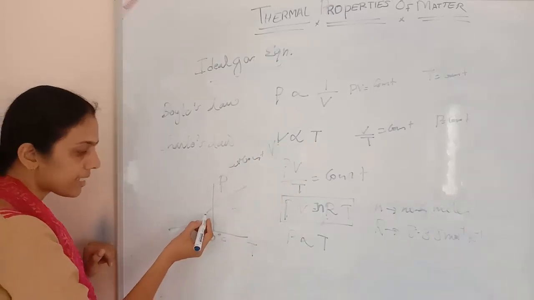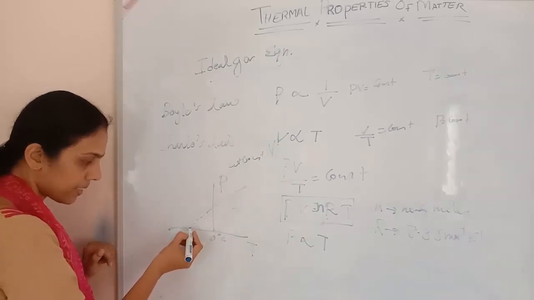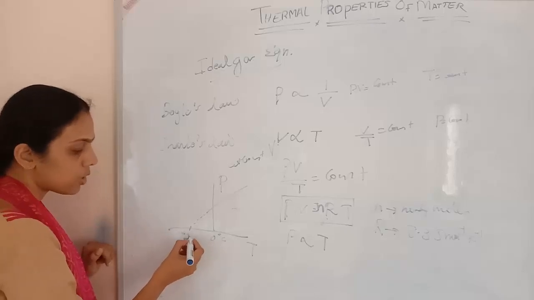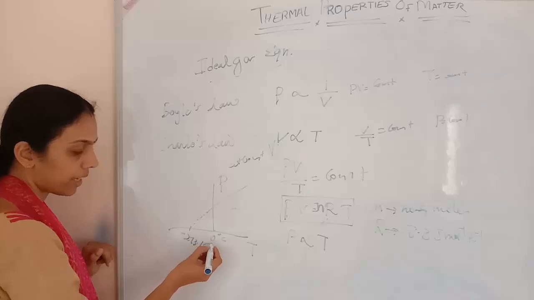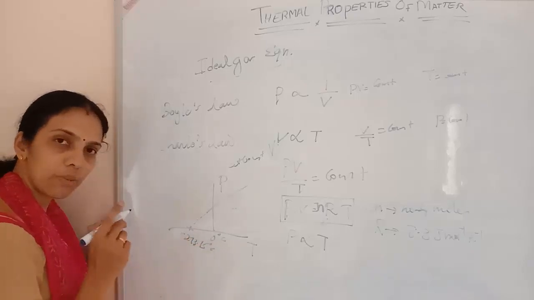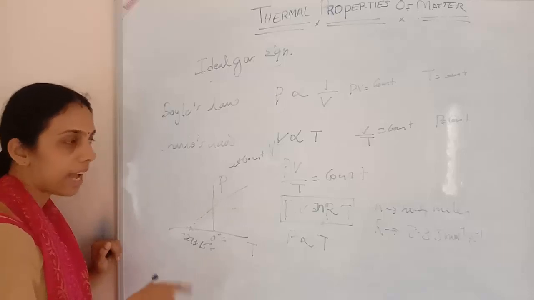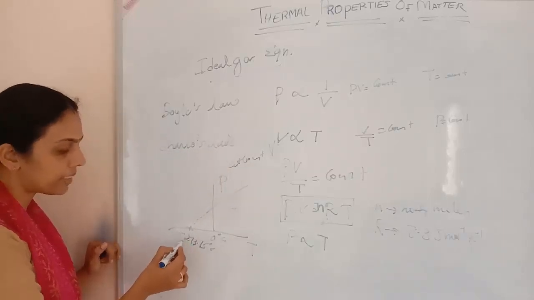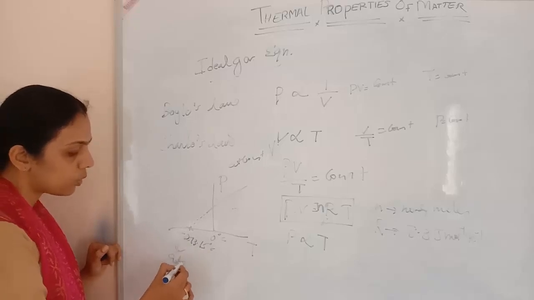We will get a graph like this. If we extend this graph, we can see that it will come to this point, that is minus 273.15 degrees Celsius. At this temperature, pressure will remain 0 and volume is constant, isn't it? So this temperature is called absolute zero.